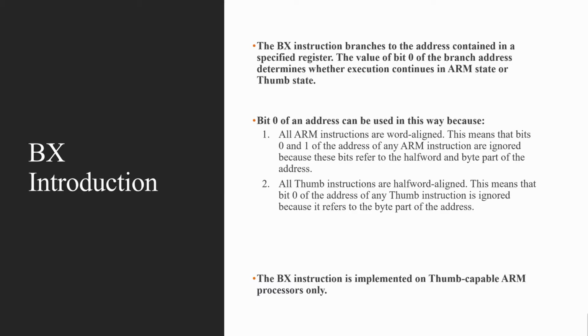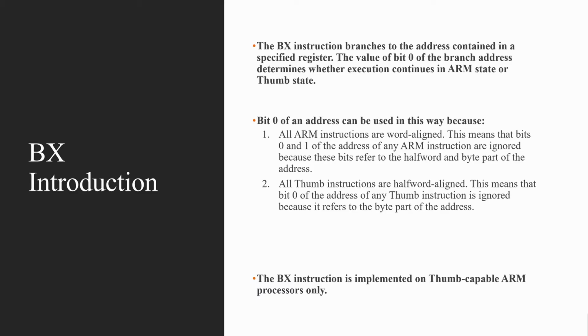Bit 0 of an address can be used in this way because, first, all ARM instructions are word aligned. This means that bits 0 and 1 of the address of any ARM instruction are ignored because these bits refer to the half word and byte part of the address.